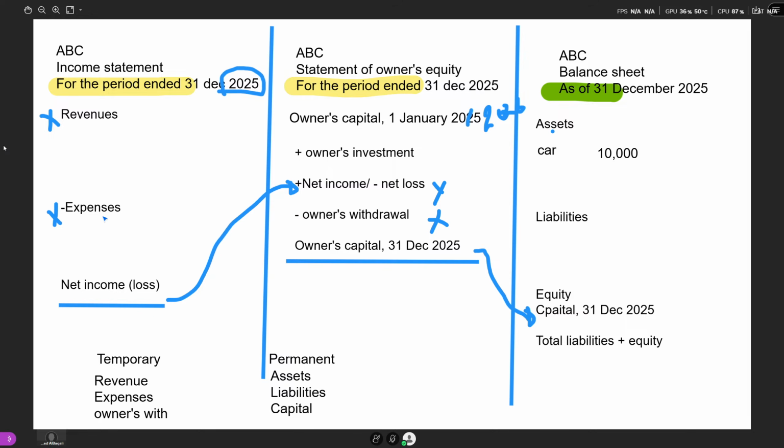So I need to remove all of these three accounts from my books. At the end of the year, when you are done preparing your financial statements, you need to remove the revenues, the expenses, and the owner withdrawals from your books. How are you going to remove them? I'll show you in here.